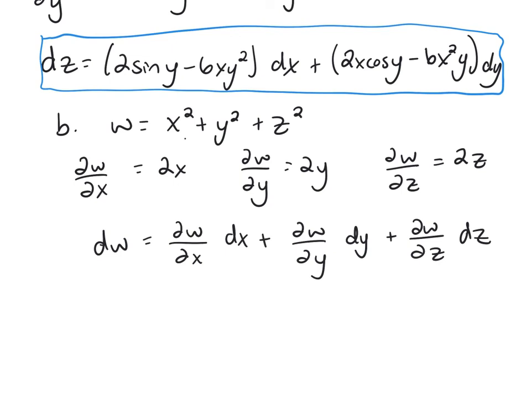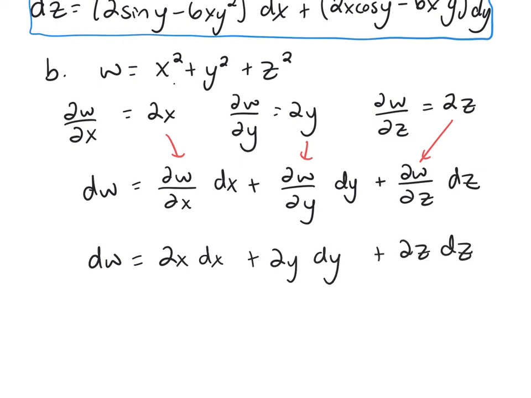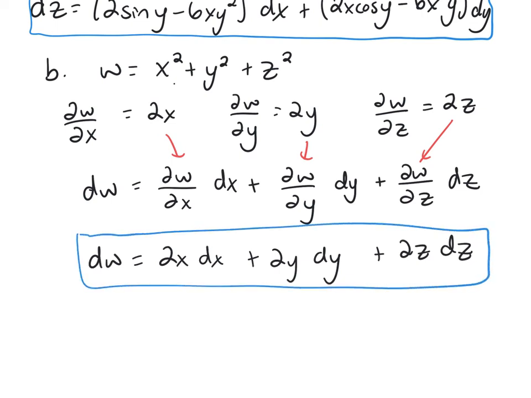And so now I just plug in these partial derivatives that I computed to get the formula for my total differential dw. It's going to be 2x dx plus 2y dy plus 2z dz. And there is my total differential.